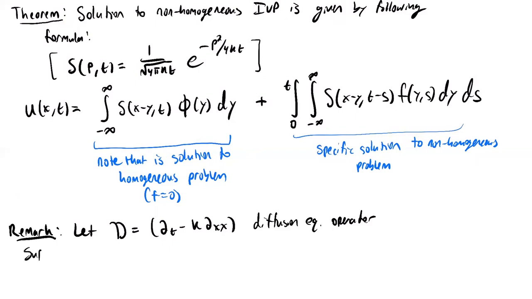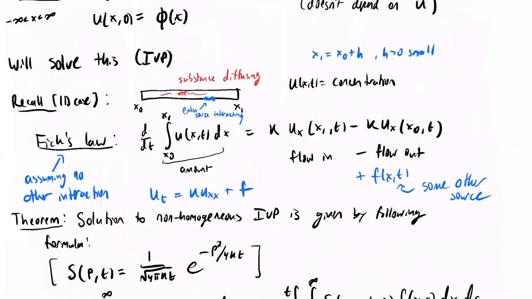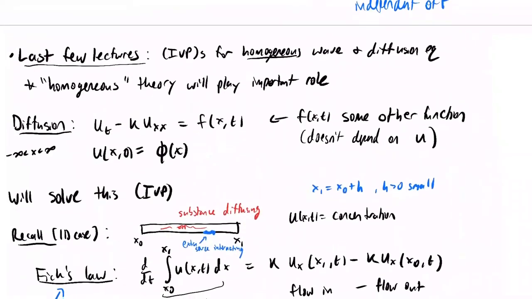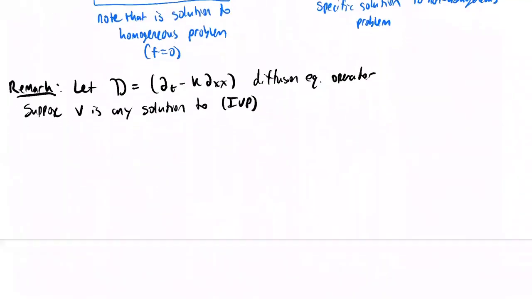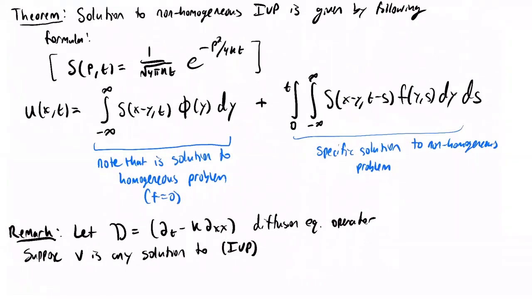Let's suppose that v is any solution to the non-homogeneous initial value problem from above, meaning the general IVP with f instead of 0. And let's also suppose that u solves the homogeneous equation, meaning u solves the equation with f replaced by 0.